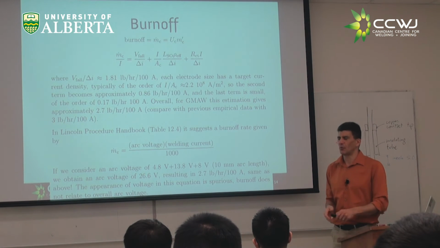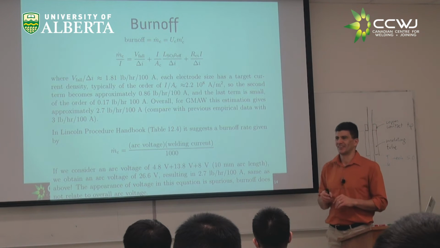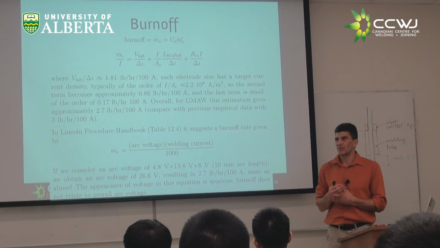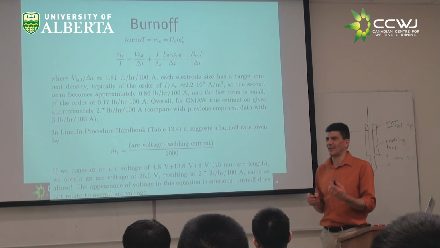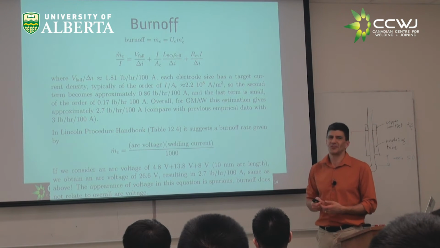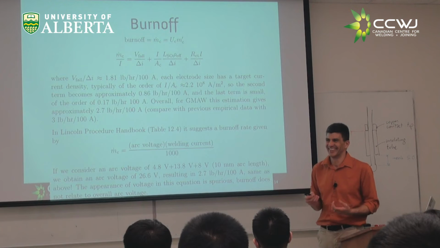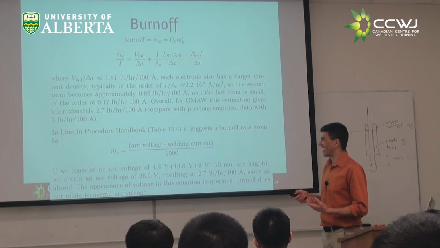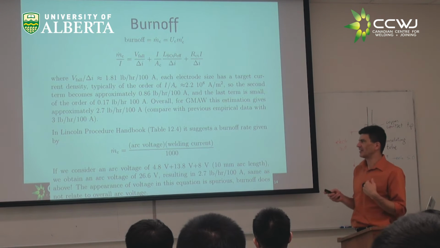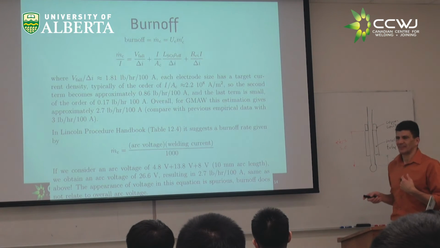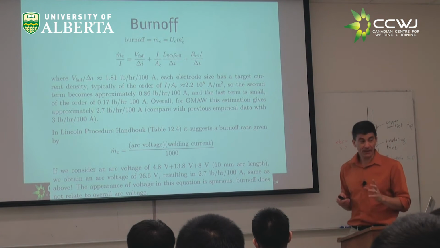I'm never going to tell you why, but this is, I think, good. And guess what? We're pretty much the same, except that we're better. Because if you increase the arc voltage, you don't melt more wire, right? But we know that, and we can account for that. You guys are powerful. You're going to be dangerous.